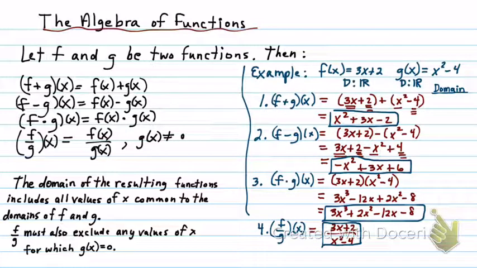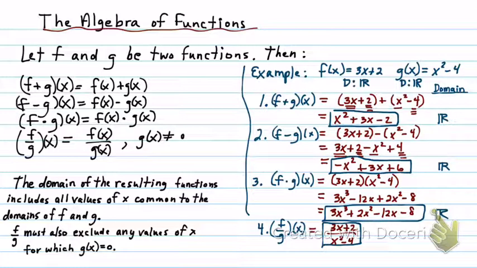We've discussed that previously. So what do these two domains have in common? Well, for f plus g, f minus g, and f times g, it's just going to be all real numbers, because we're just looking at what the two domains have in common, and the domains are all real numbers.